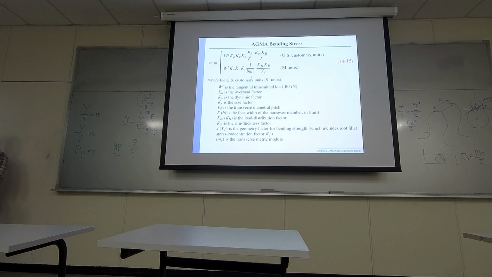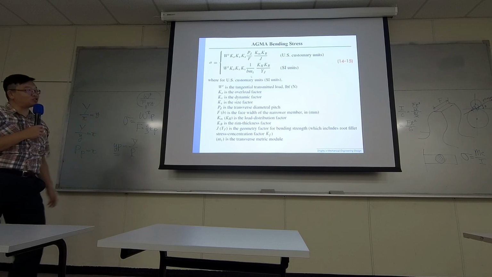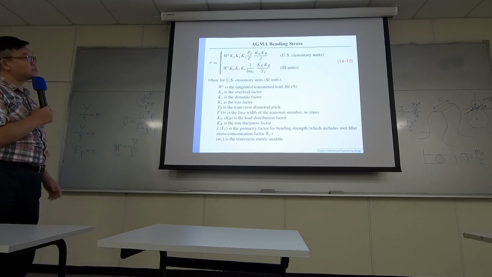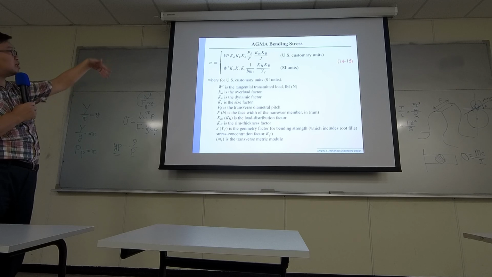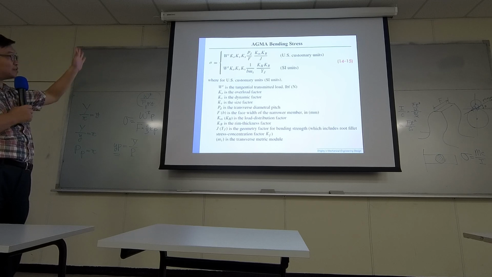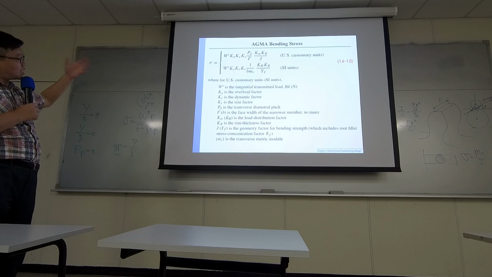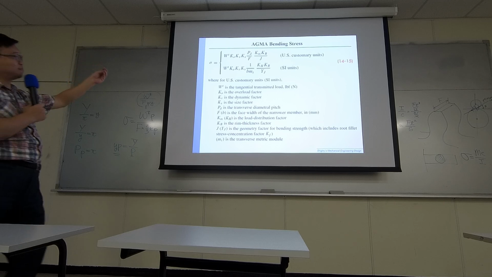But what happened is so different from the Lewis stress equation. Yes, it is very different. So over here you can see we can focus on either line of it, either the SI unit or the US unit. That's fine. But let's take a look at how many factors will affect the estimation of stress.